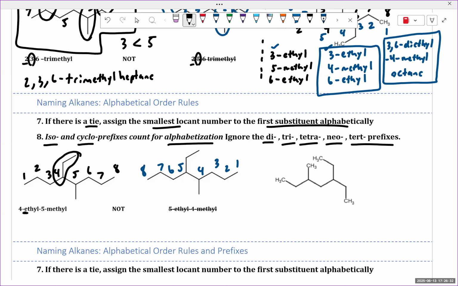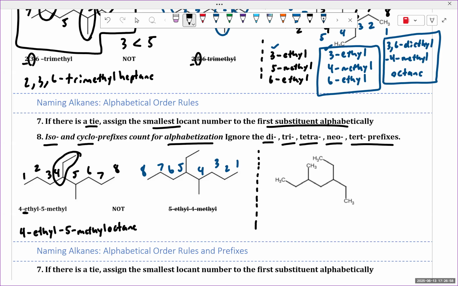In the event of a tie that's not broken on the basis of lower locant numbers, you break the tie using alphabetical order. And because ethyl's first alphabetically, ethyl gets the lower locant number preferentially. So we name this compound as 4-ethyl 5-methyl octane.